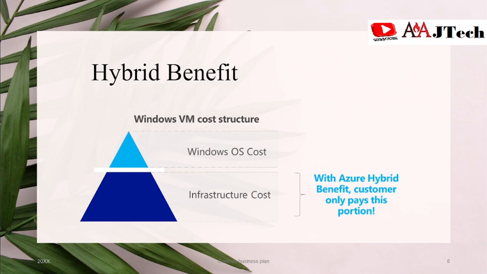What the hybrid benefit gives you is a lesser amount of cost. It gives you more benefit. It means you are not supposed to pay a lot for your Windows operating system and infrastructure. It gives you a lot of discount in a simple way.